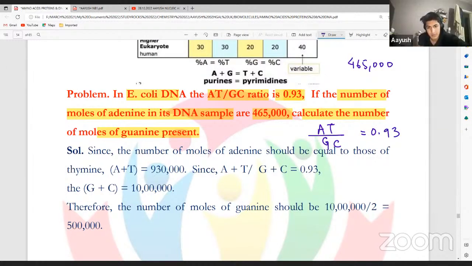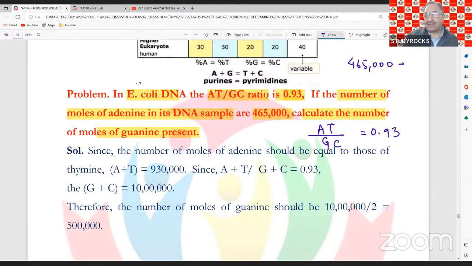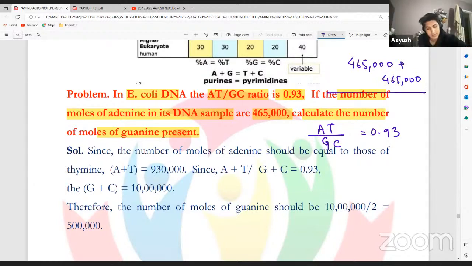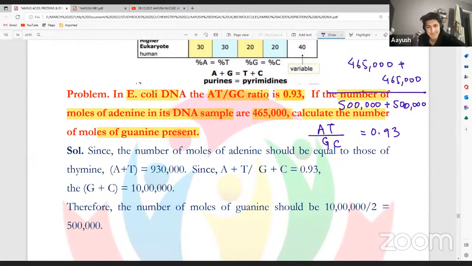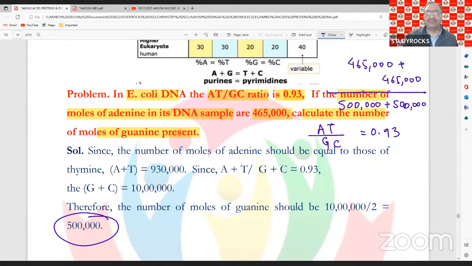If 465,000 adenines are there, similarly, so many thymines must have been there. And to get that ratio, there must be 500,000 guanine and 500,000 cytosine. The answer is 500,000. That's all. Very simple numerical.